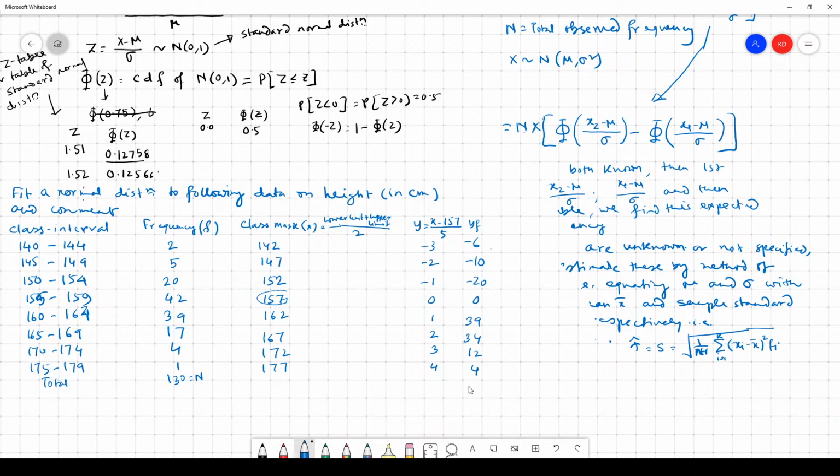And total is 53. This is equal to sum of yf. Now y square f, which is equal to 18, 20, 20, 0, 39, 68, 36, 16. And this total is 217. It is sum of y square f.